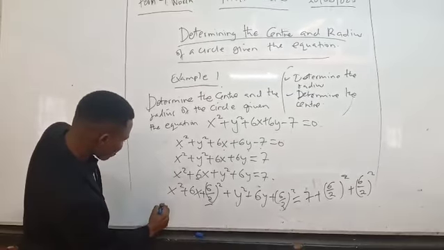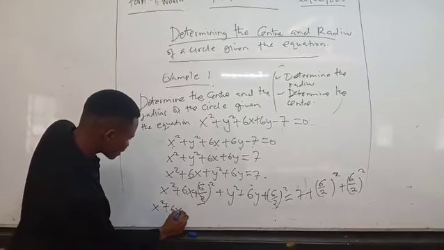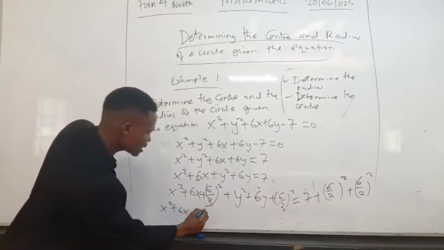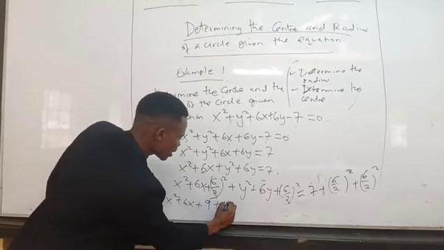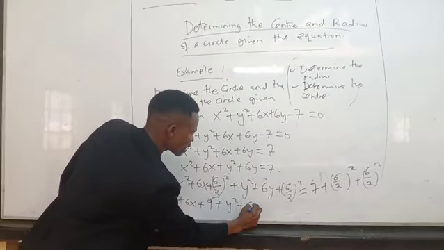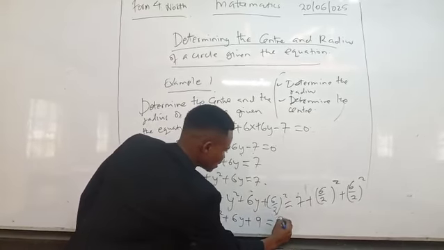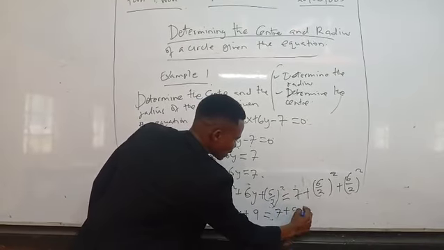So this is x squared plus 6x plus 9, plus y squared plus 6y plus 9, is equal to 7 plus 9 plus 9.